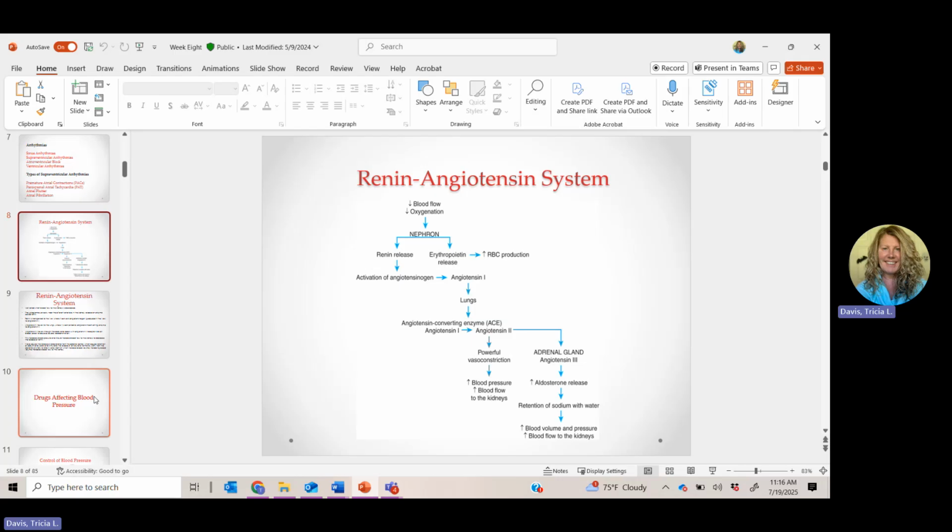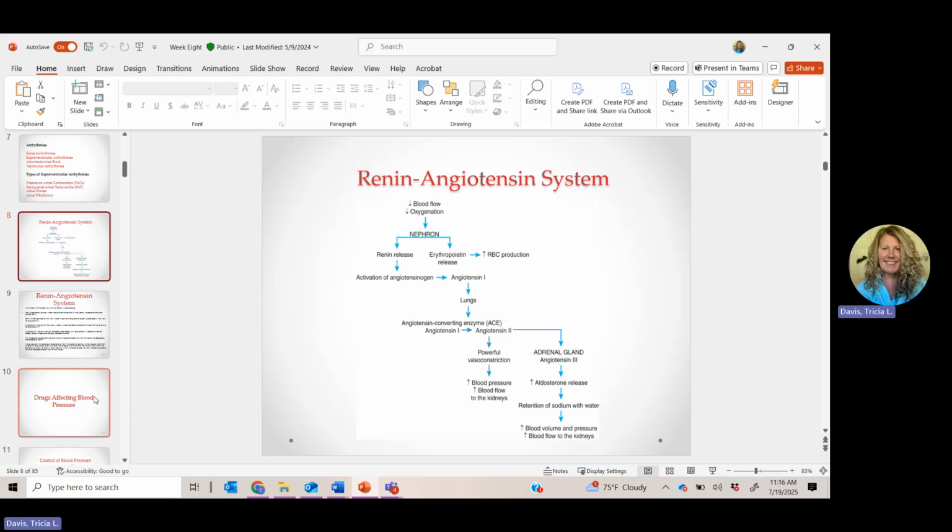If we hold on to sodium, we know that wherever sodium is in the body, water is going to follow. So it's going to cause us to hold on to sodium and water, and that builds up our circulating blood volume. So it's going to increase our blood volume, increase our blood pressure, and increase the blood flow to the kidneys to perfuse our organs and give us more oxygen.